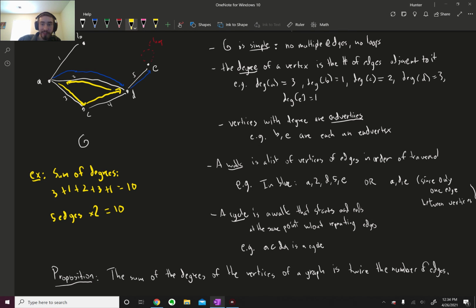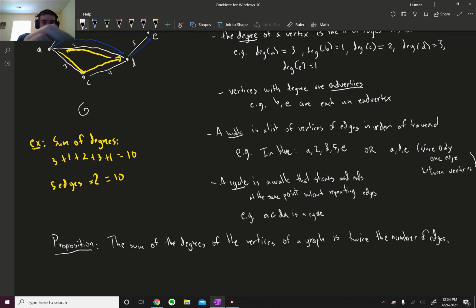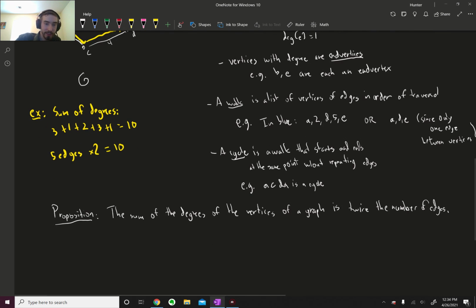So this works out for this example graph, and the reason why it works in general is just that each edge adds 1 to the degree of the vertex at either end.